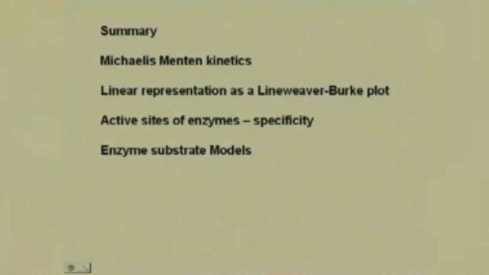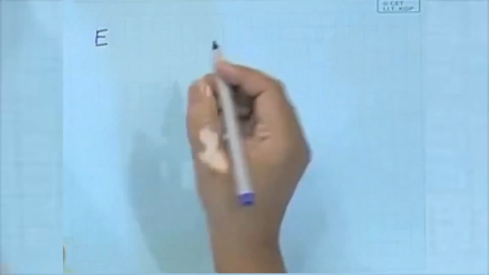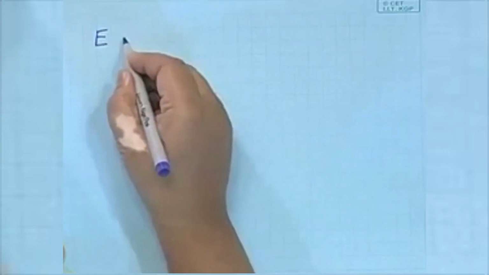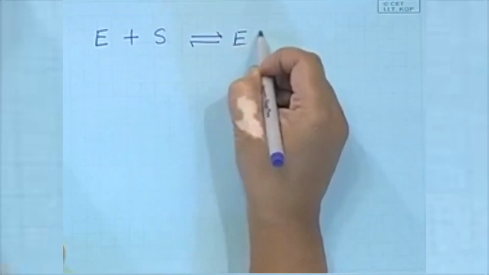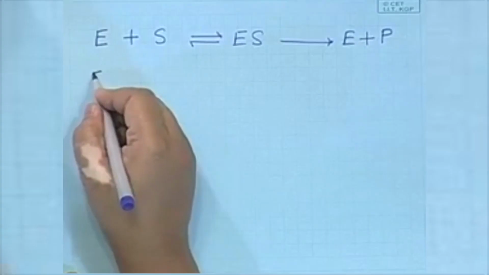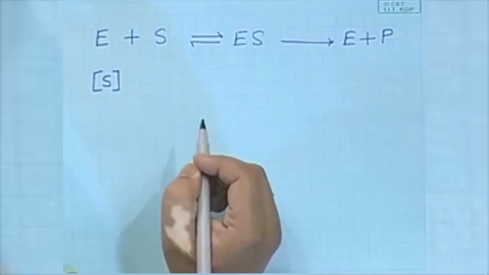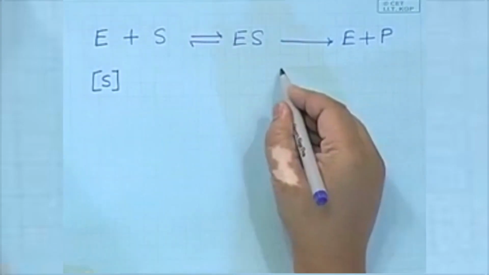Okay. Now what we are going to do is work out a specific problem where we are going to find out the Vmax of a particular reaction or particular enzyme substrate complex. So we have our enzyme concentration, we have our enzyme plus the substrate, that is giving us the enzyme substrate complex that eventually gives us the E plus P. Now, if I have a set of substrate concentrations, what do I need if I want to calculate?